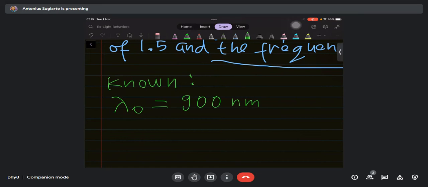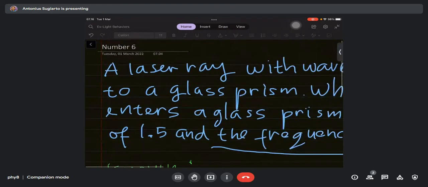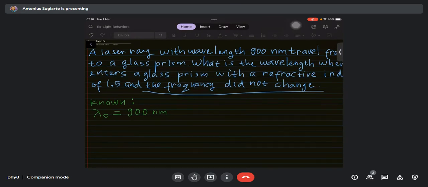As we know from the theory, the speed of light changes when it enters a new medium, and the wavelength will also change. That's why we denote the wavelength of the laser ray in the air as lambda 0, which equals 900 nanometer according to the question.